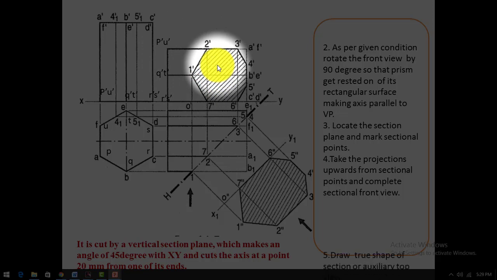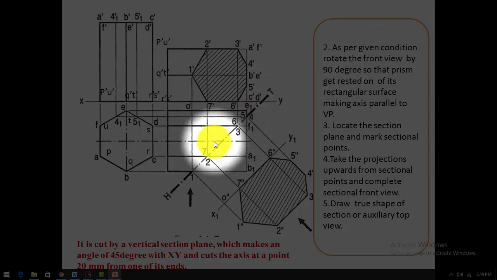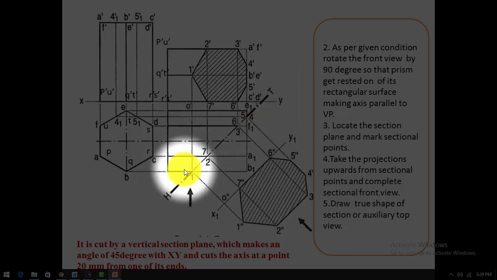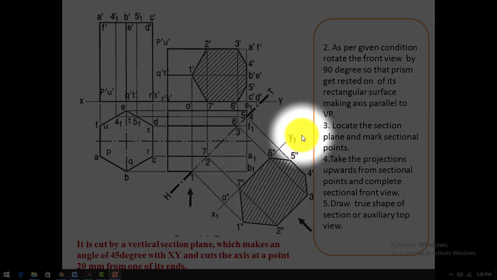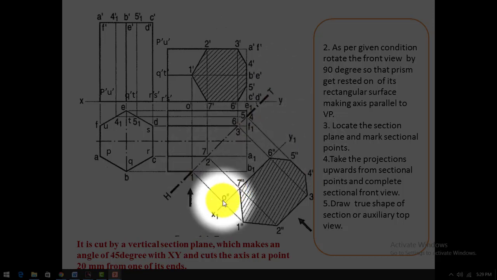Then you have to draw the true shape of the section. Here the section plane is inclined to XY or inclined to VP. So here you have to draw another plane, known as the auxiliary plane, parallel to the previously drawn section plane.